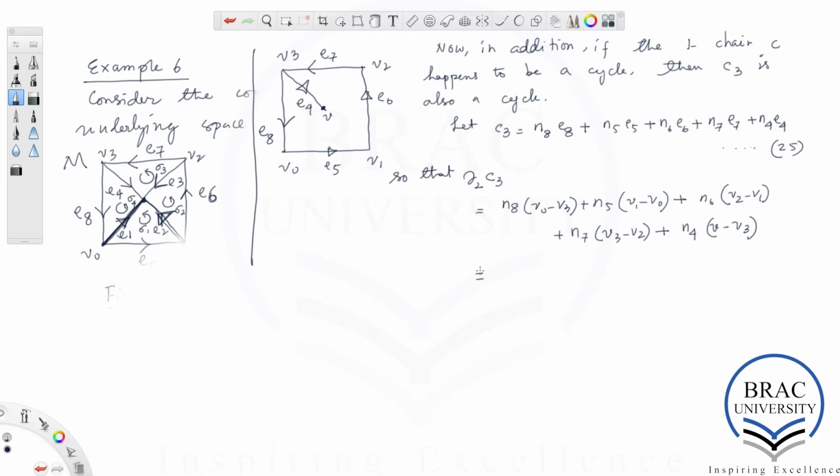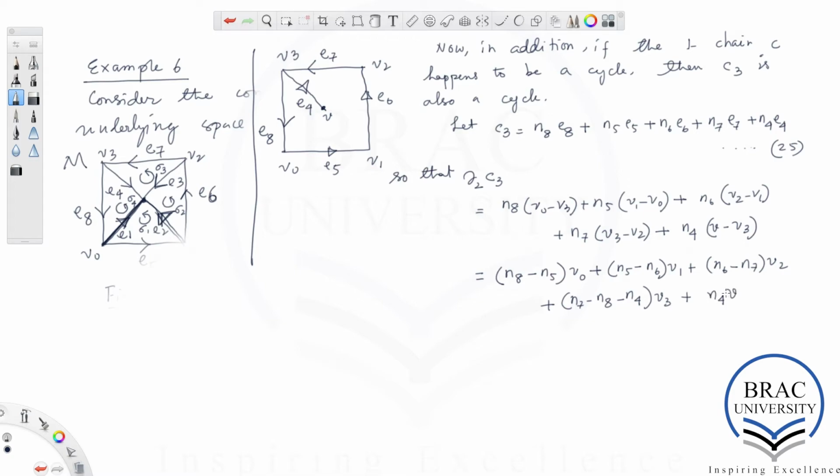And it can be written in the following way: (N8 minus N5) times V0 plus (N5 minus N6) times V1 plus (N6 minus N7) times V2 plus (N7 minus N8 minus N4) times V3 plus N4 times V.